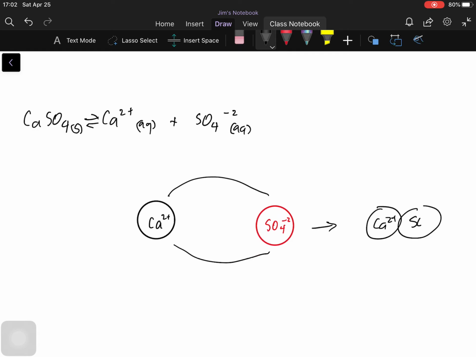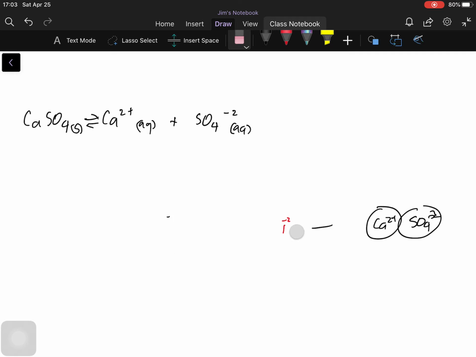So that's the idea. The two will recombine because they have opposite charges. This is positively charged, this is negatively charged. I know that positive is attracted to negative, so they will combine to form the precipitate.